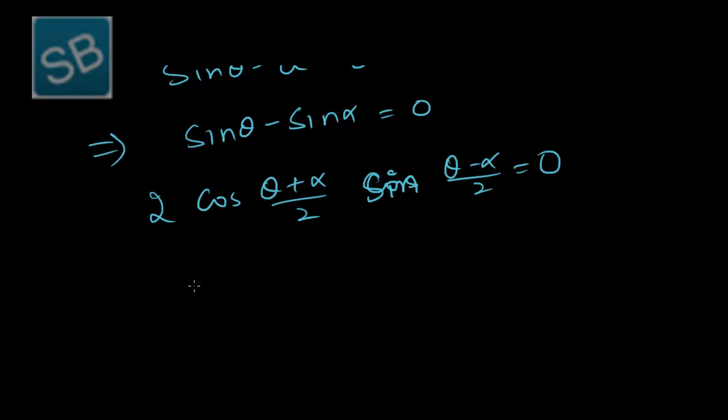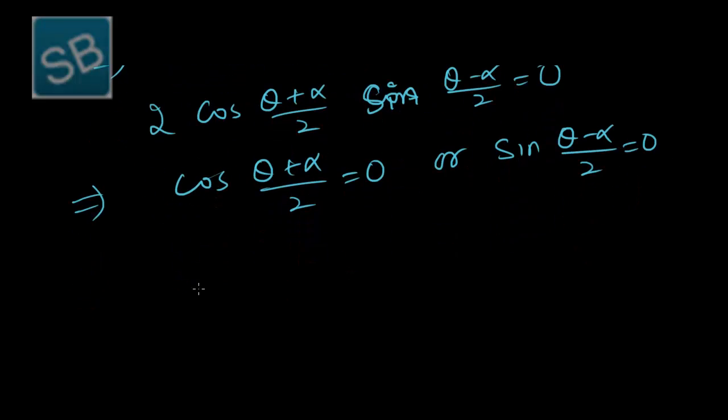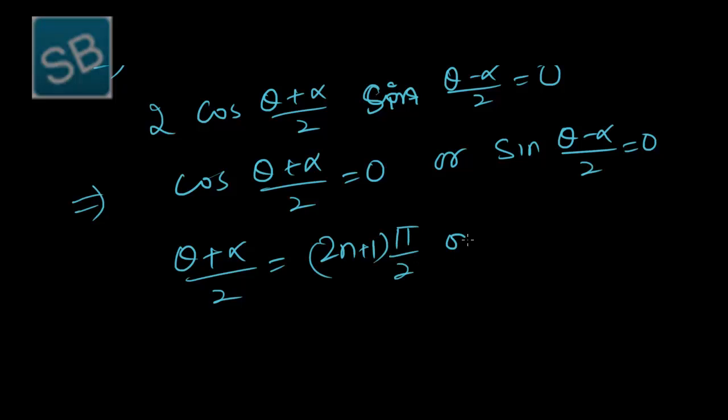So we get either cos of theta plus alpha over 2 is equal to 0 or sin of theta minus alpha over 2 is equal to 0. As we know that if cos theta is equal to 0, we have theta plus alpha over 2 is equal to 2n plus 1 pi by 2 as discussed above. Or when sin theta is equal to 0, we get theta minus alpha over 2 is equal to n pi for all n belongs to Z.